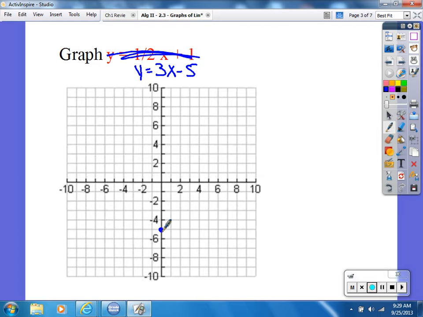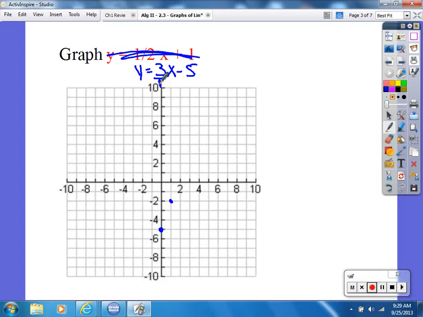I have to put a dot on this y-axis to help me to graph. All right. What's next? Up 3. 1, 2, 3 over 1. I'm actually going to put that over 1 because you said over 1, which is correct. And by the way, when you say over 1, it means to the right 1. Always go to the right.